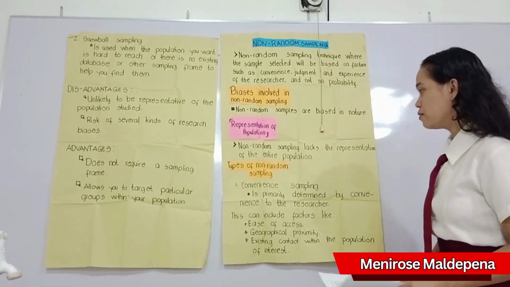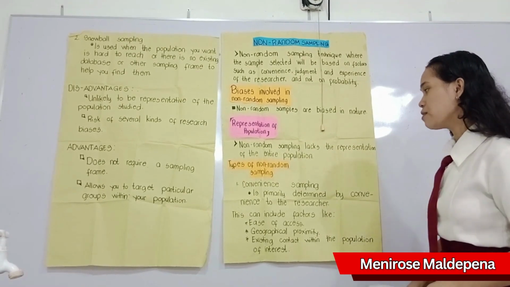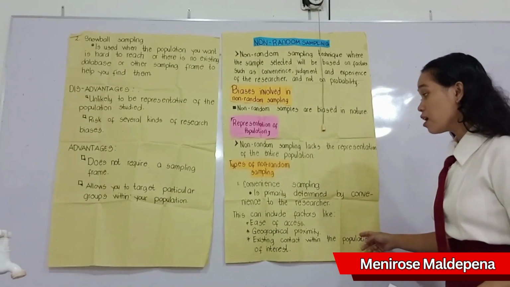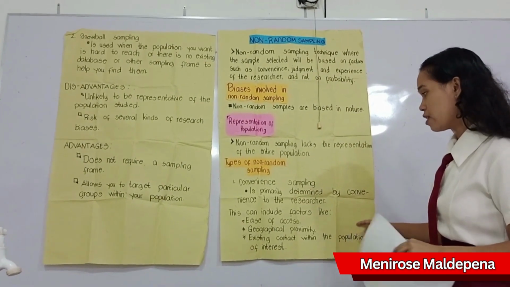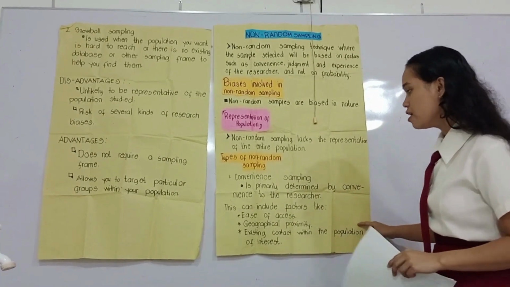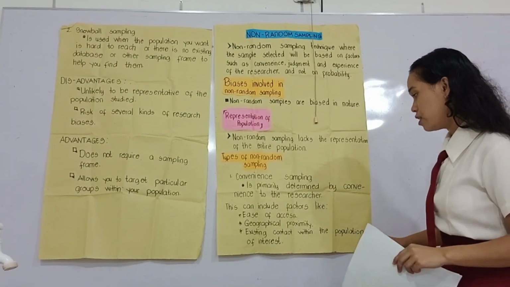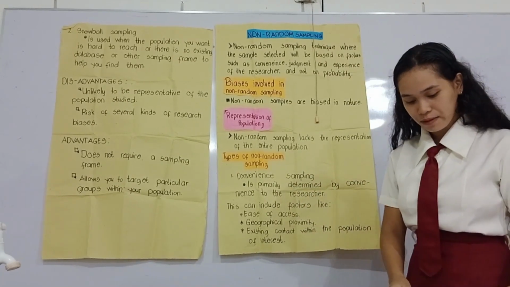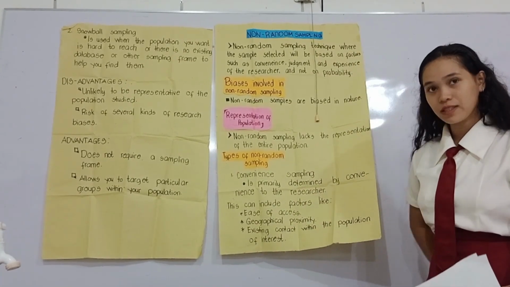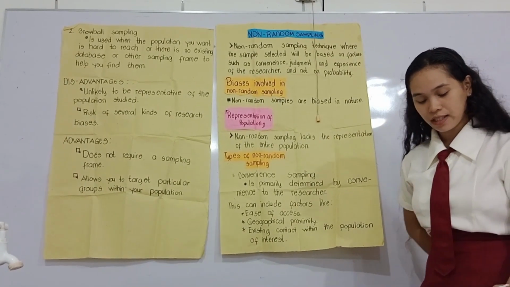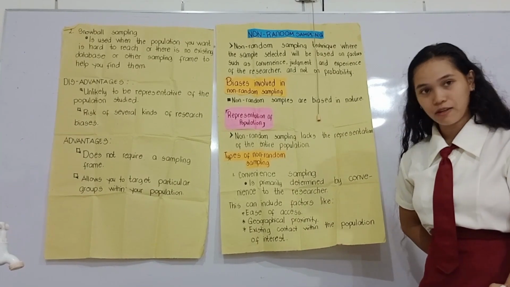The first type of non-random sampling is convenience sampling. It is primarily determined by convenience to the researcher. This can include factors like ease of access, geographical proximity, and existing contact with the population of interest. Convenience sampling is sometimes called accidental sampling because the participants happen to be nearby where the researcher is conducting the data collection.